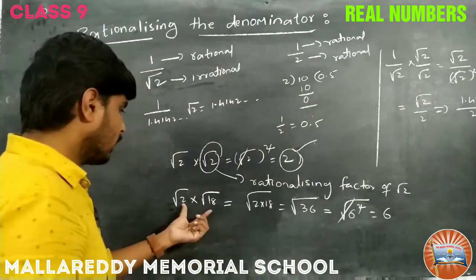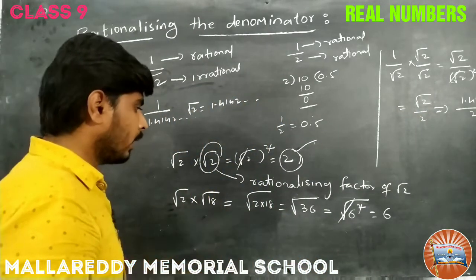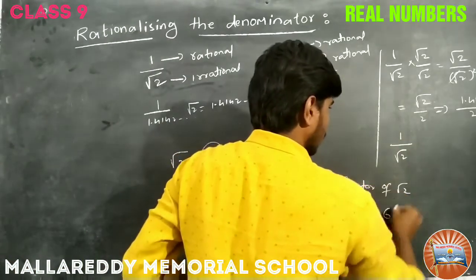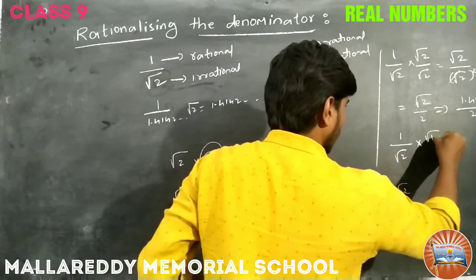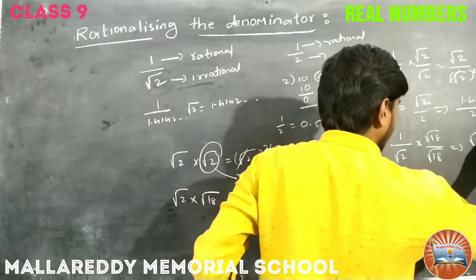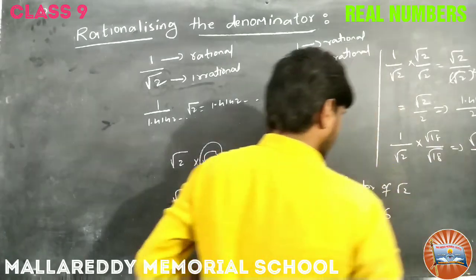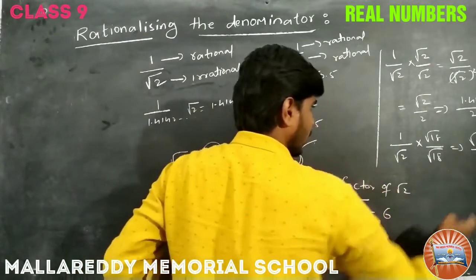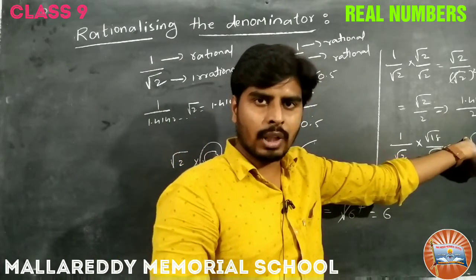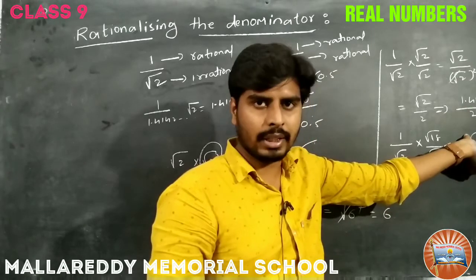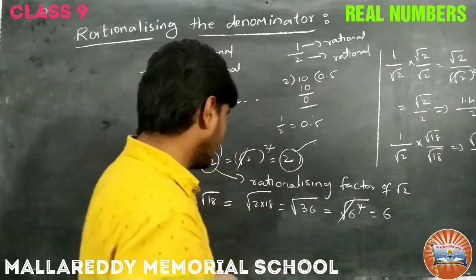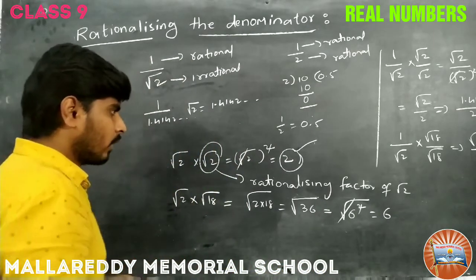So here, root 2 into root 18 becomes 6. So we can take one more rationalization factor also: 1 by root 2 into root 18 by root 18 becomes root 18 by 6. Here I am writing 6 directly. This is also easy to divide, so that is why we rationalize. So how many rationalization factors did we get?